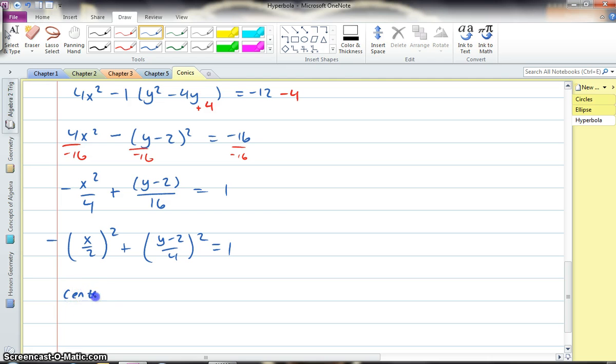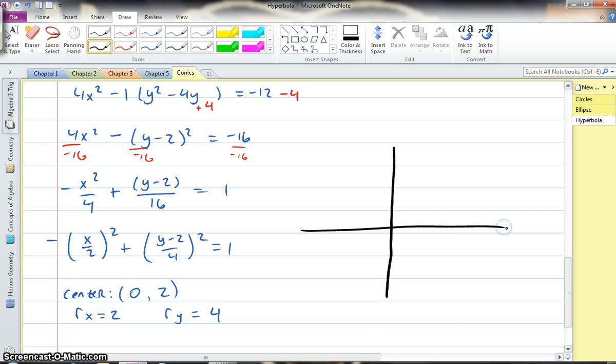So my center here is 0 because there's no number with my x. The opposite of negative 2 is positive 2. The radius of my x is 2. The radius of y is 4. So when we go to graph, this graph's going to be smaller, so we don't need too many tick marks.